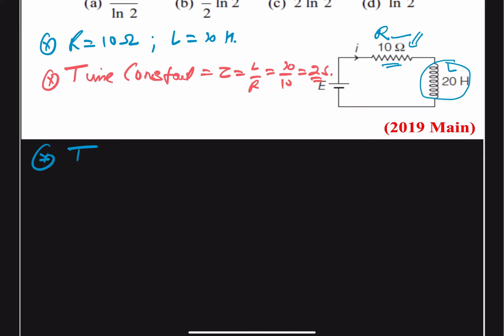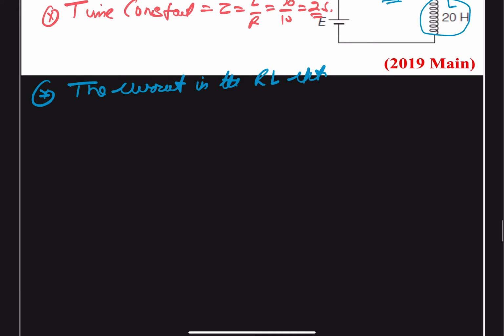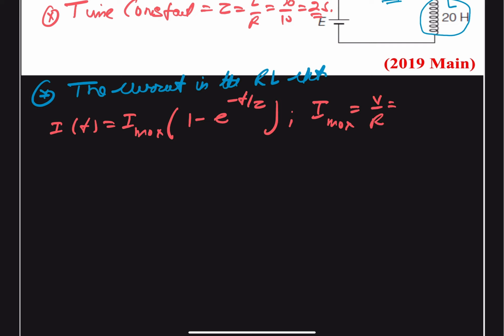The current in the RL circuit follows the equation that I(t) is equal to I max, which is also written sometimes as I naught, times 1 minus e raised to minus t upon tau, where I max can be given as V upon R, which we also call the steady state current.